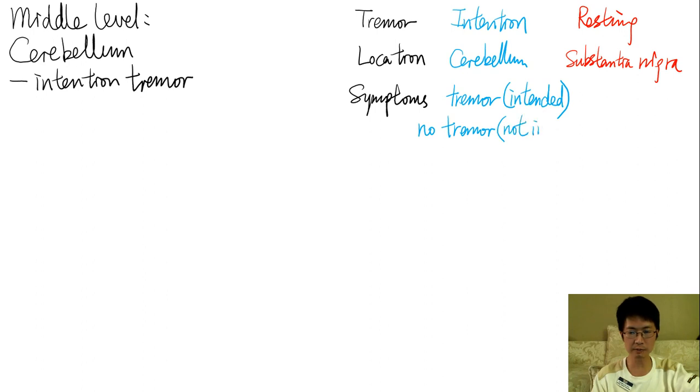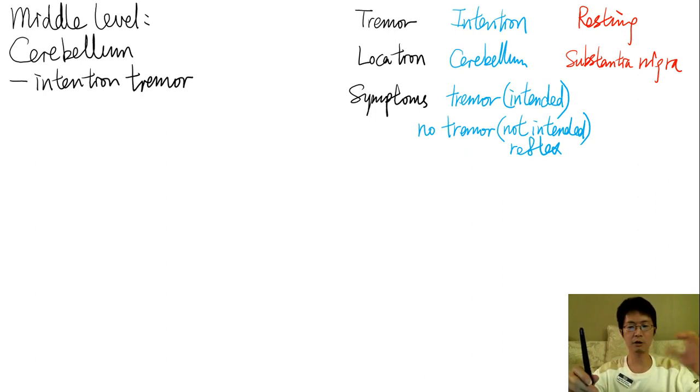It's like a reflex, as I gave you an example. If I try to grab this pen, I intend to grab this pen, then my hand will keep shaking, and when I grab it, I continue to shake. So this is called intention tremor.